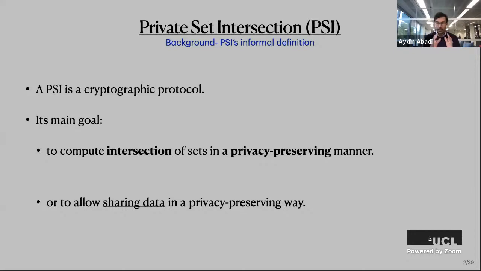So in this setting, we have different parties. They do not trust each other, and they have sensitive sets of elements. They want to compute the intersection of their sets while preserving the privacy of their inputs.